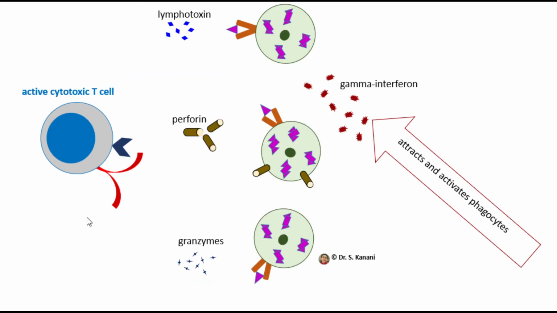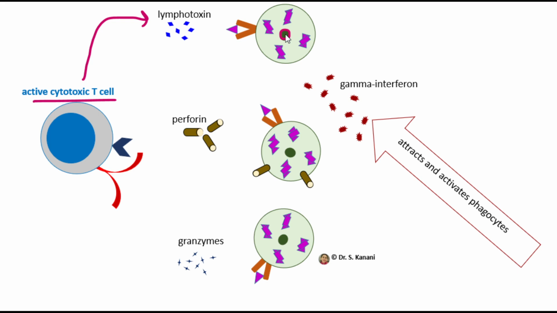Now it's time to learn about a few techniques and strategies that active cytotoxic T cells use to kill the infected cell. For example, active cytotoxic T cells release a chemical named lymphotoxin. Lymphotoxin is going to stimulate some enzymes inside the infected cell. Those enzymes attack the DNA molecules that are located inside the nucleus of the cell. They make the DNA break apart, and as a result, the cell dies.